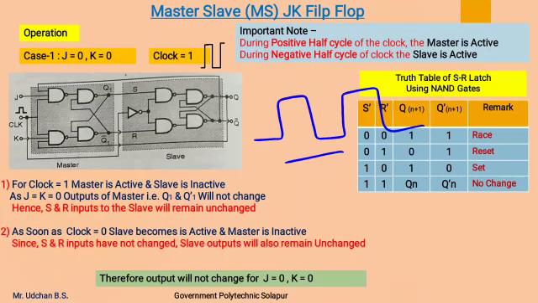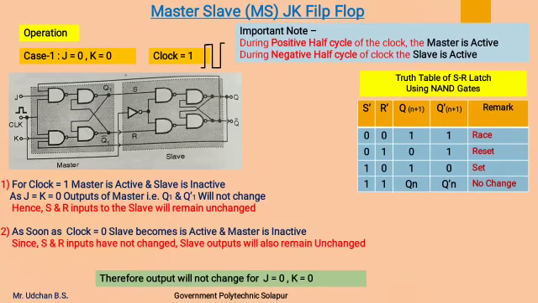In one clock cycle, the clock contains a positive level and a negative level, that is a positive half cycle and a negative half cycle. During the positive half cycle of the clock, the master is active, and during the negative half cycle of the clock, the slave will be active. We are going to see the operation accordingly.